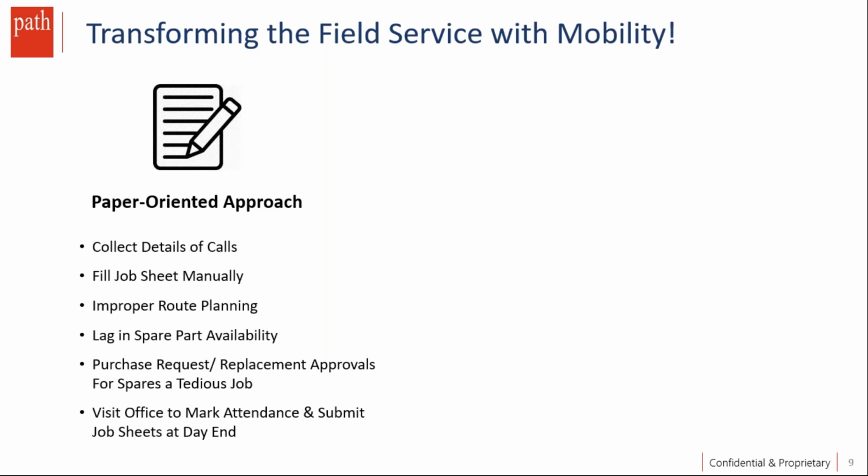Before that, these are some of the limitations of a paper-oriented approach: collecting details of the call, filling job sheets manually, improper route planning, lag in spare part availability, purchase requests, replacement approvals for spares, a very tedious job, and visiting the office to mark attendance and submit job sheets at the end. So these are limitations of a paper-oriented approach.